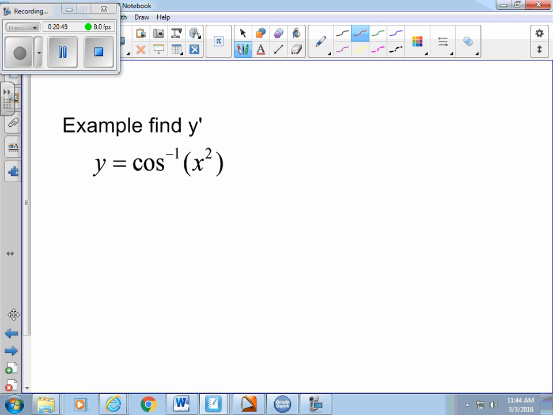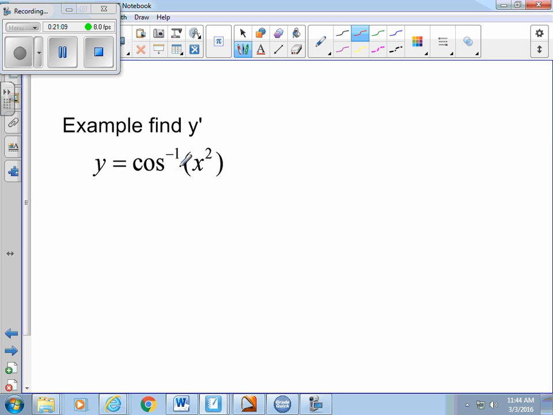For this one, I'm going to do implicit differentiation. Then I'm going to show you a formula, and then we'll use a formula from then on. But I do want to show you, if you get on the AP exam and you've forgotten an inverse derivative, you could get your way through it implicitly.